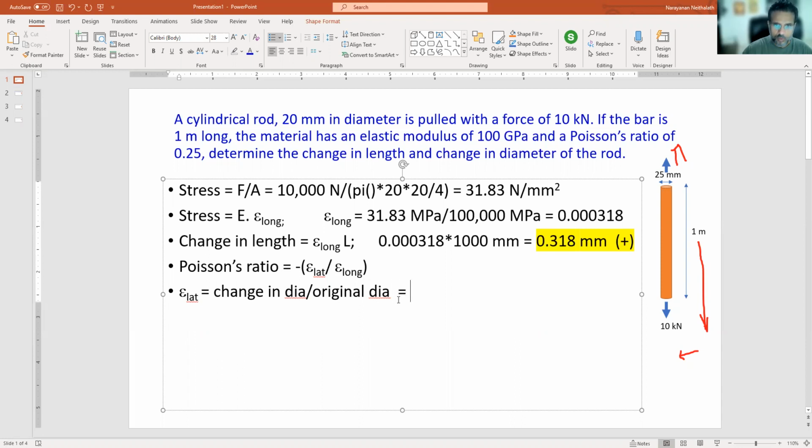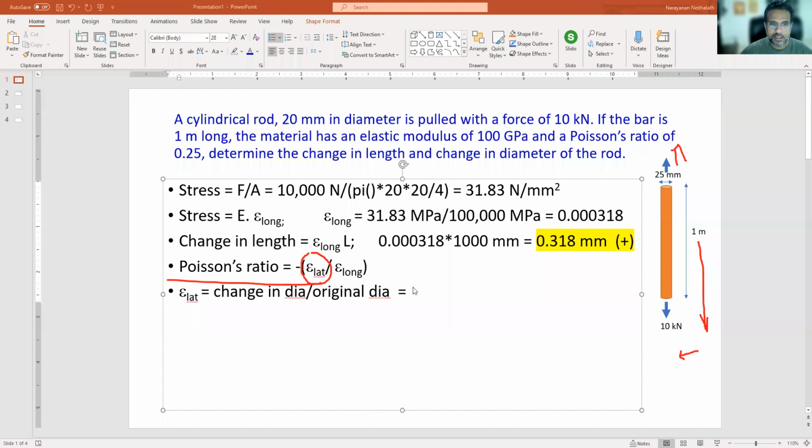So lateral strain is equal to Poisson's ratio times longitudinal strain.